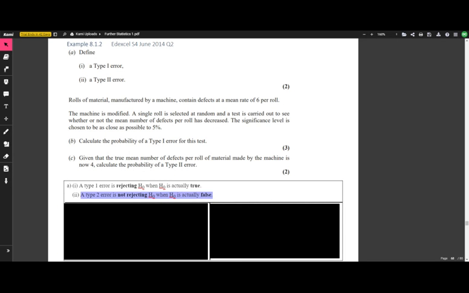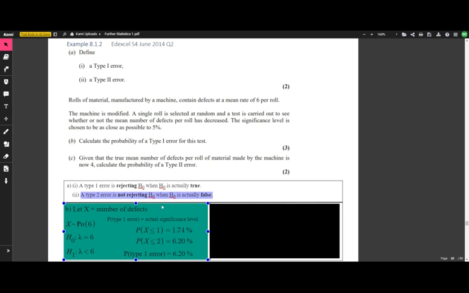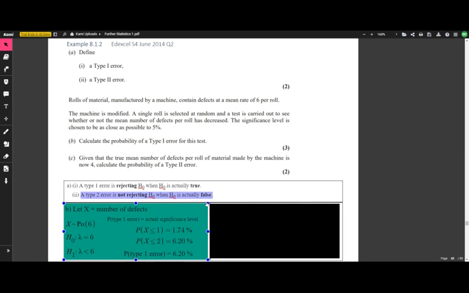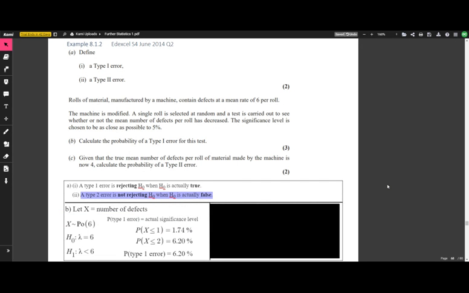So part B begins with the probability of a type 1 error for this test. Let X be the number of defects.